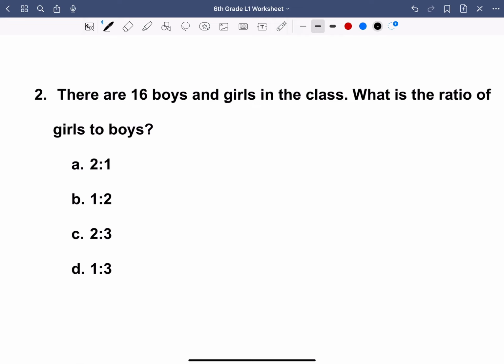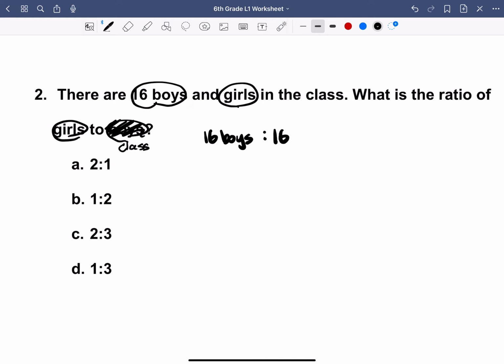So in this question, it says there are 16 boys, girls in the class. It wants the ratio of girls to boys. However, I think this worksheet wanted not boys, but class. Because if it wanted boys, then this answer would be totally different. And if you look in the answer choices, we'll still practice for the sake of learning, but here we have 16 boys and 16 girls.